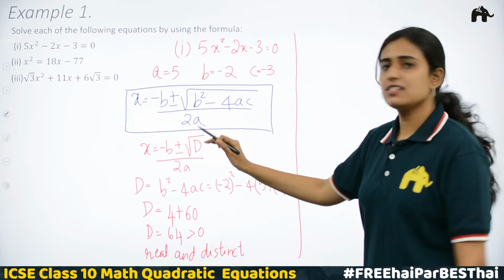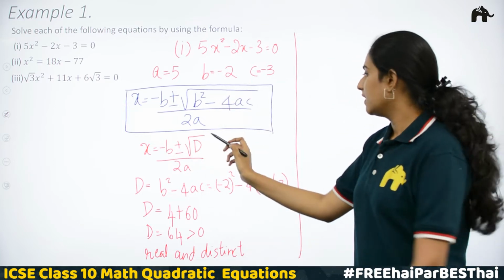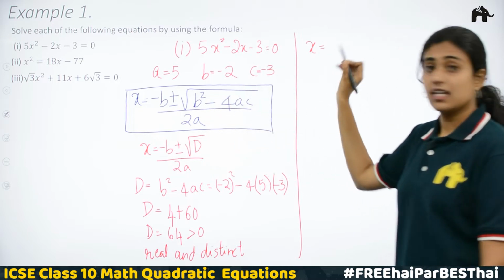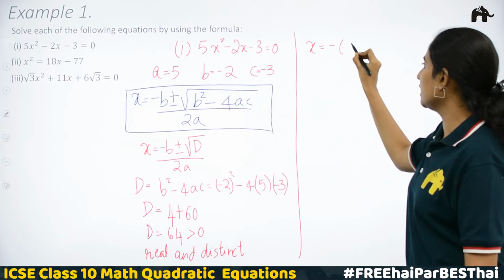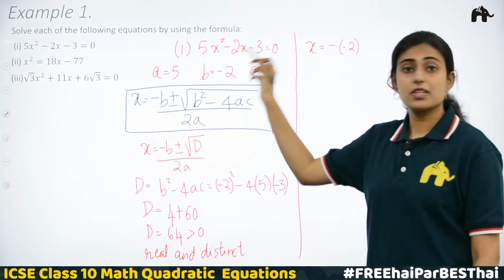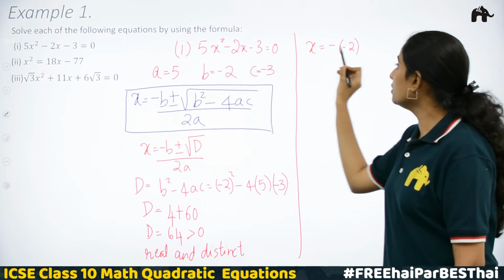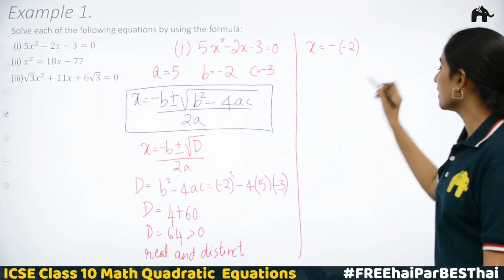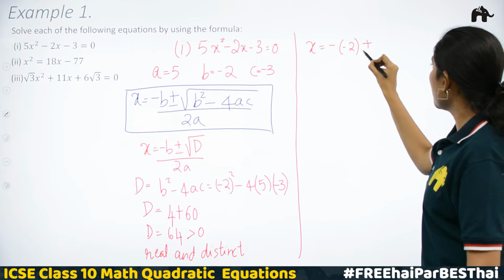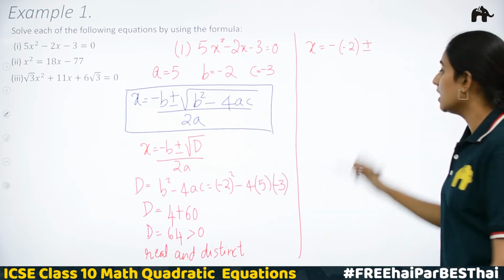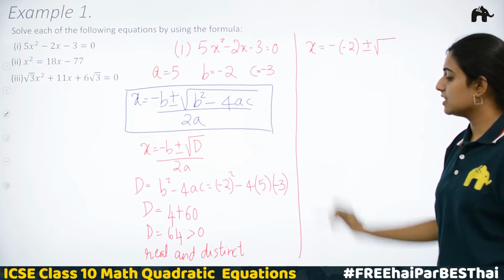Now we'll put the values here. X is equal to, what is minus b? Minus of minus 2. Remember to put this minus 2. When you see minus b, you have to put this negative sign and the value of b. Plus or minus, we already found the value of discriminant. So you can put root of, what is discriminant?